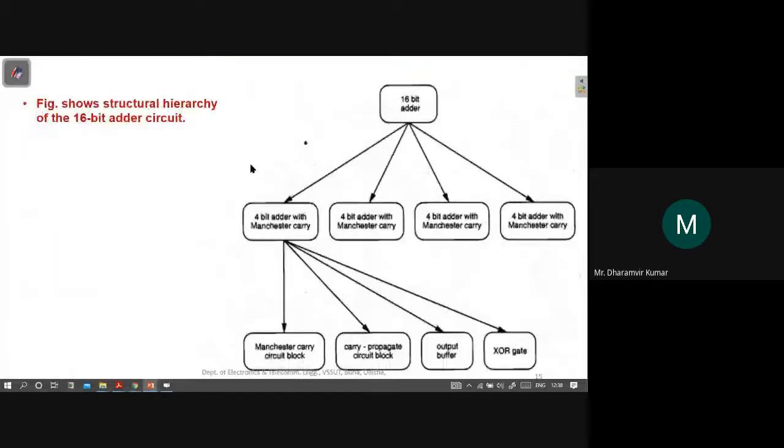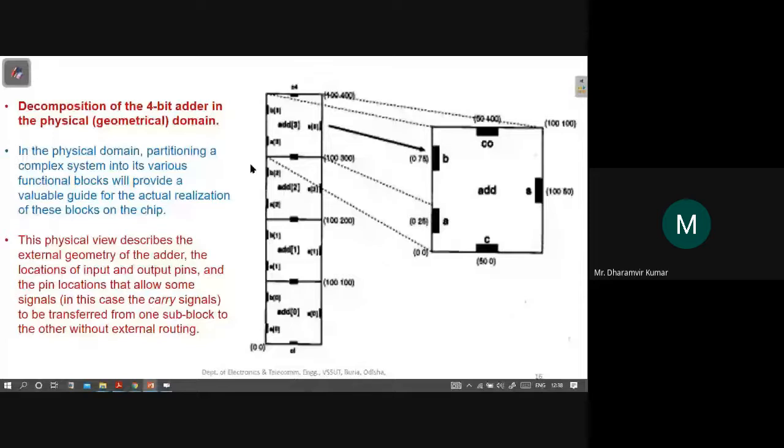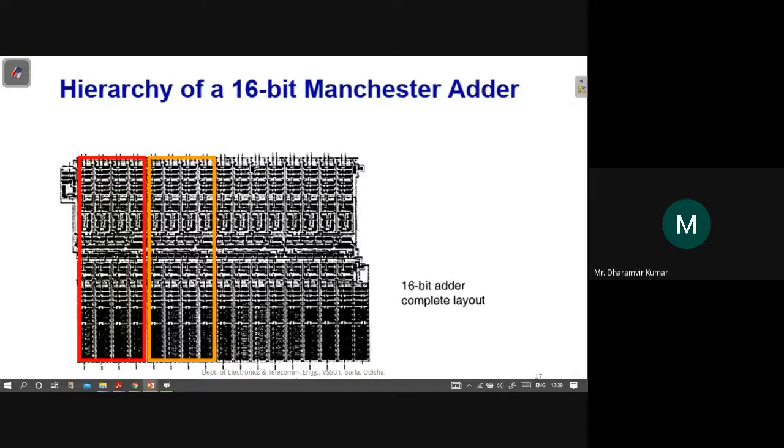We had seen some examples also in this. This is a geometrical view, and this is the actual layout that you will obtain at the last phase of the VLSI design flow. This contains the structure for actual transistors and all the interconnections.